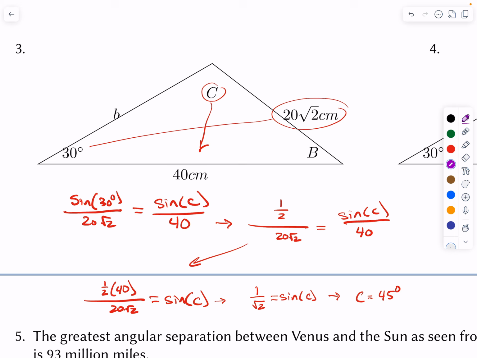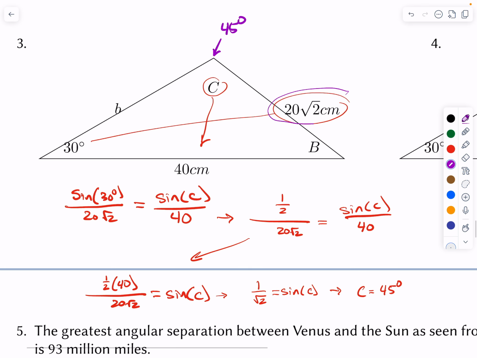If I told you this was a 45-degree angle, you would say you're probably wrong. You can visually see that either you've drawn the picture wrong or that's not the correct answer. The reason is that the side we might call side a could be pointing in a different direction.